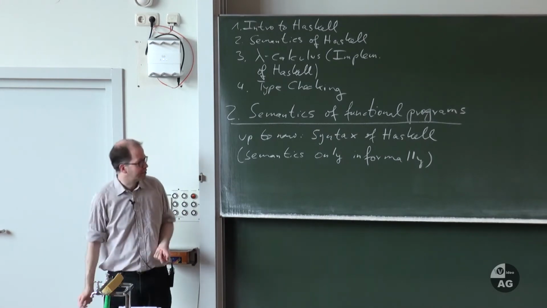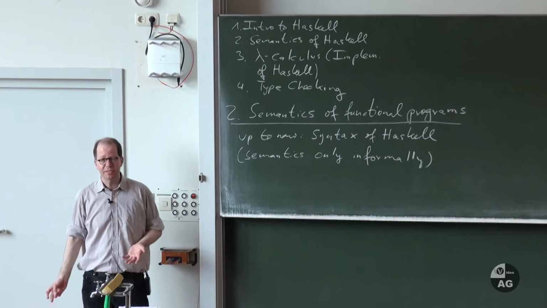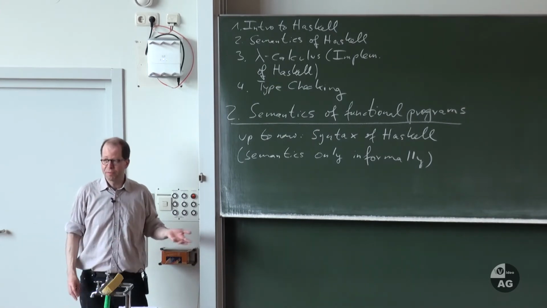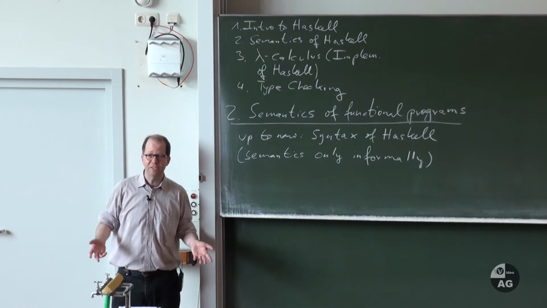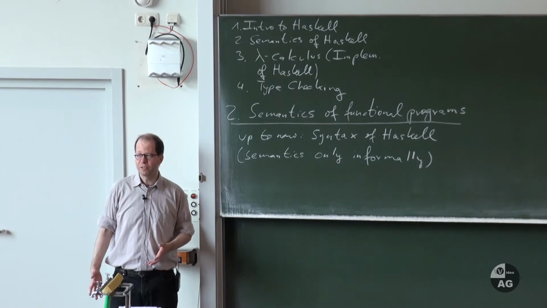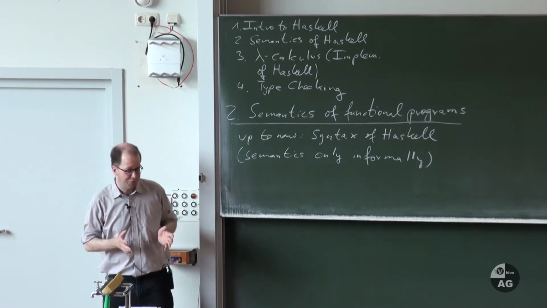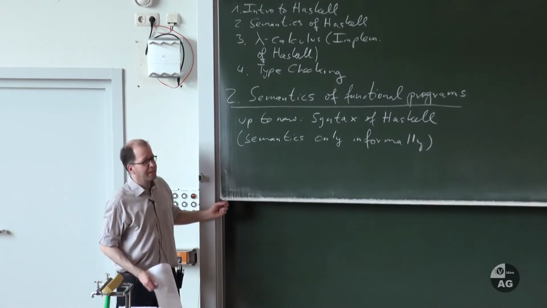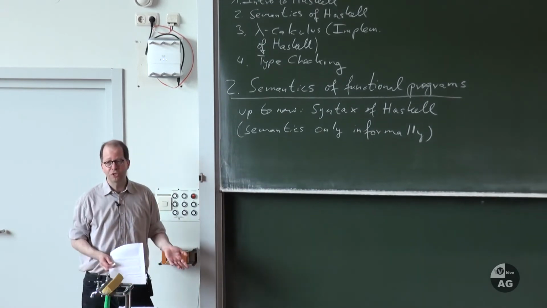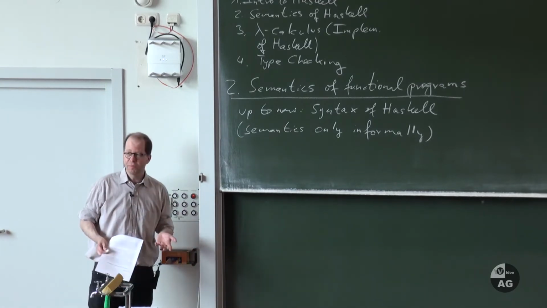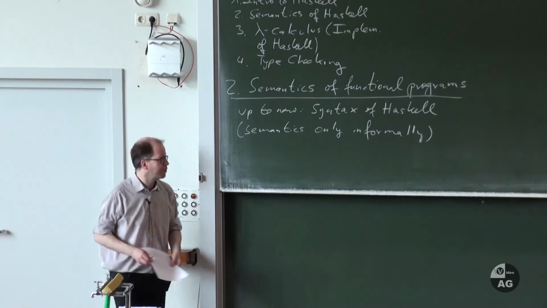If you just explain this informally, then people may understand this in a different way, and one person implements the compiler in this way, and another person implements a compiler in a different way, and then it depends on the compiler how your program executes, and that's, of course, not desirable. So the semantics should really be fixed in a clear, non-ambiguous way, and then no matter which compiler or which interpreter you use, the same things should happen. They might differ in efficiency, but they should not differ in the program behavior.